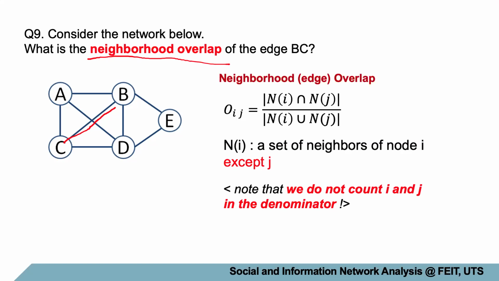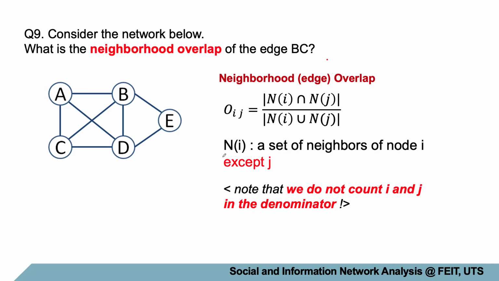Okay, I see some of you already shared your answer. Thanks for sharing. So let's work it out together. The neighborhood overlap of edge BC is defined like this.